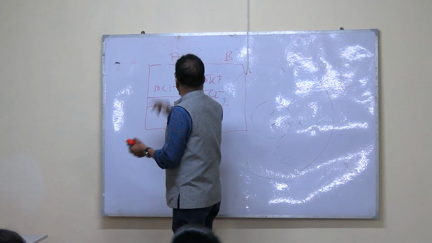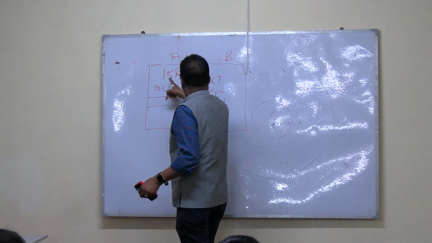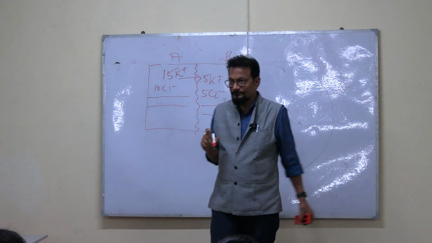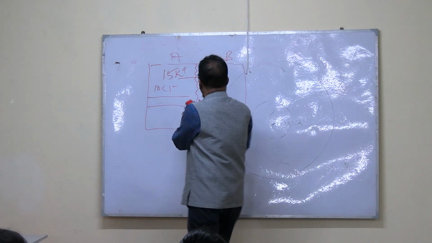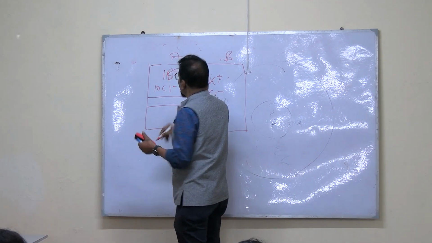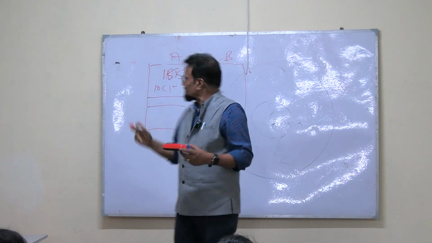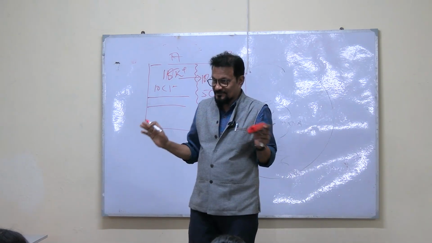Yeah, 15 K. Now if 5 moves from this side to this side, then it will be 10. It will also be 10. Equal distribution. Equilibrium has reached.